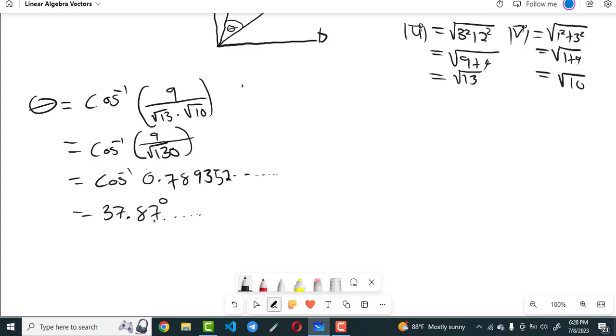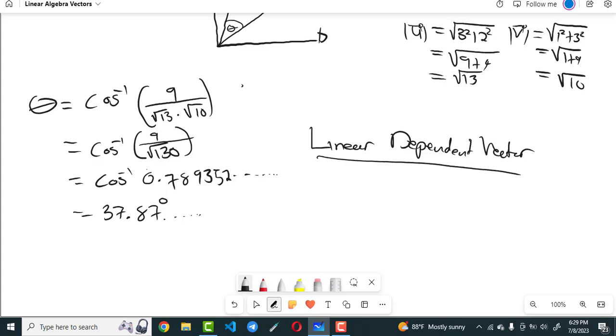Let us also take a look into linear combination of vectors. A linear combination of two or more vectors is the vector obtained by adding two or more vectors after multiplying each with a scalar. Let us take a look into linear dependent vectors.